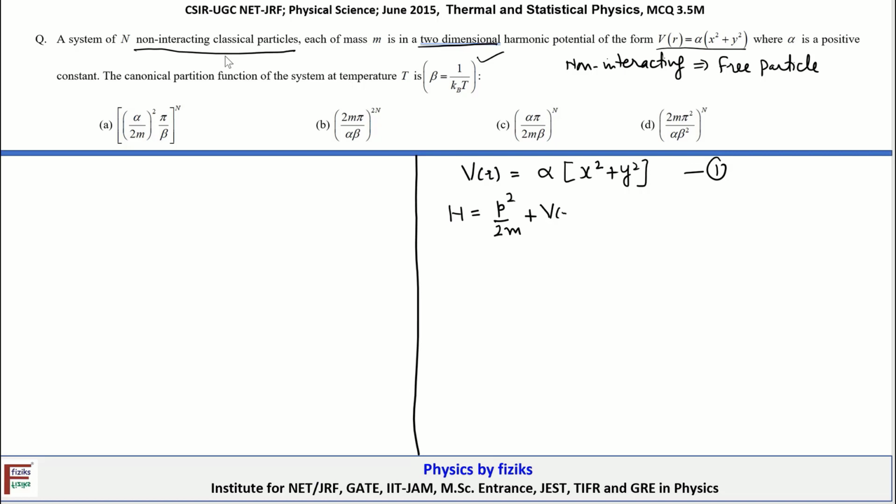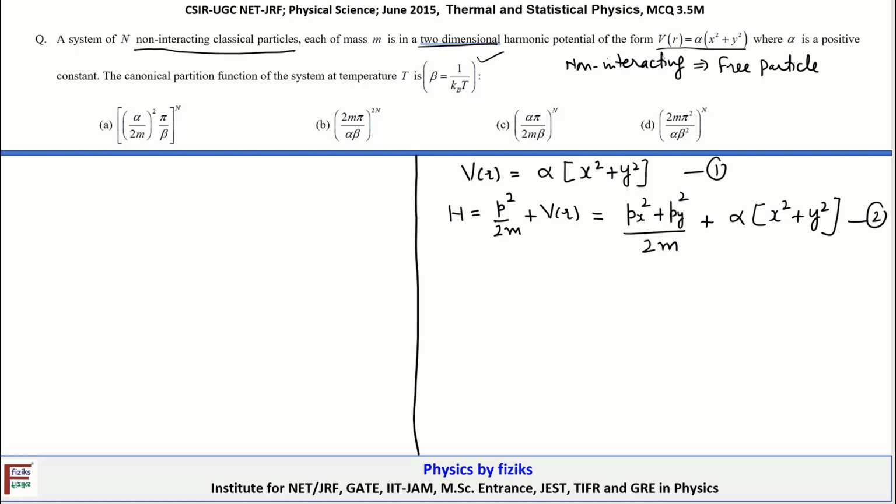For a two-dimensional problem, this becomes (px square plus py square) by 2m plus alpha times (x square plus y square). So that's the Hamiltonian of the system.